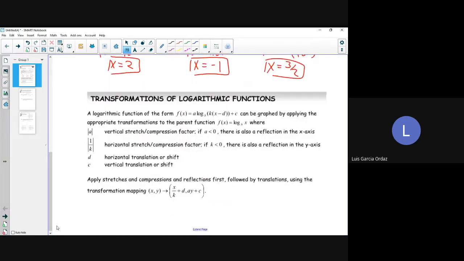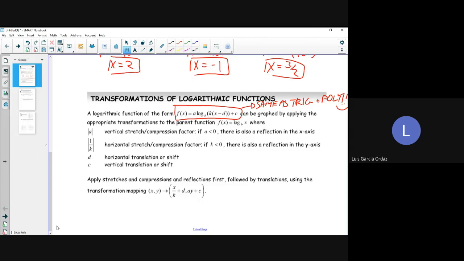So we have the transformations of the log function. This is exactly the same as trig plus the polynomial functions. So there's nothing really new to review here. Remember, a is the vertical stretch or compression.